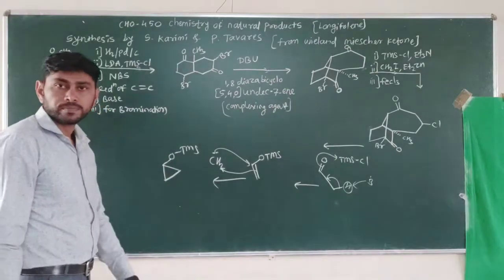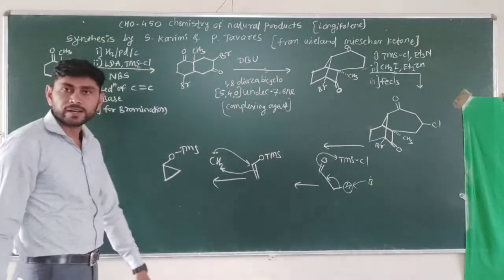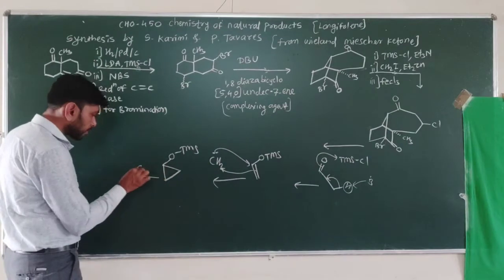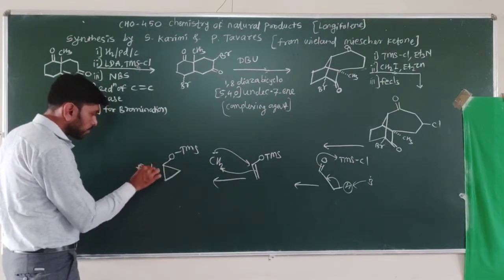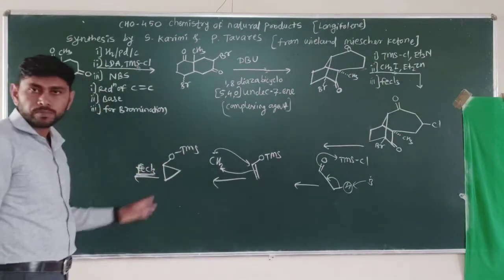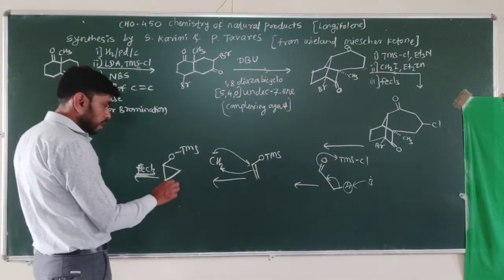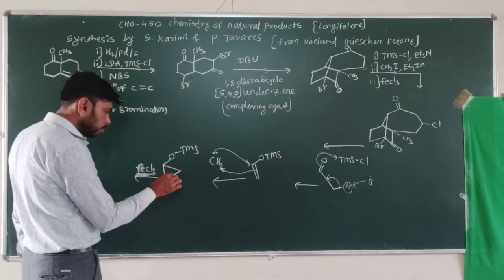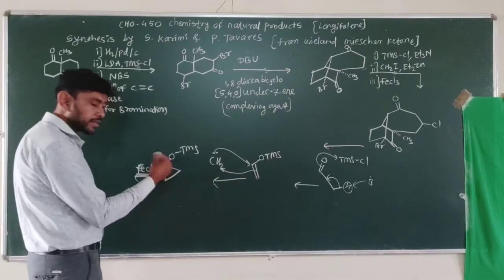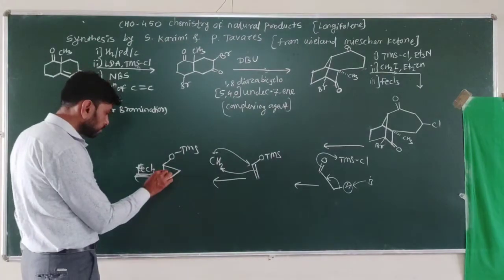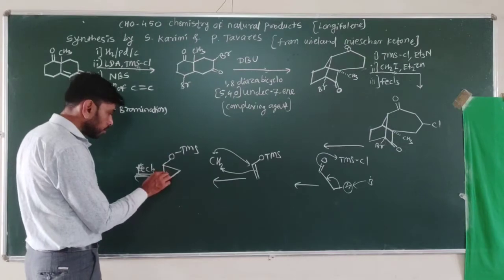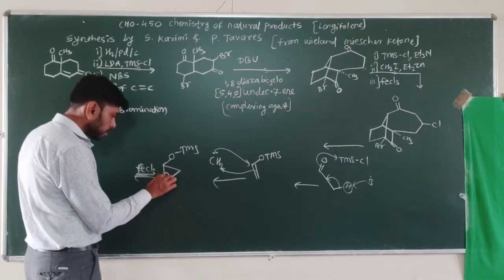So this species forms the cyclopropane ring, and that cyclopropane ring is broken by using the complex FeCl3 as a complexing reagent, and this ring must be broken by using the reagent.